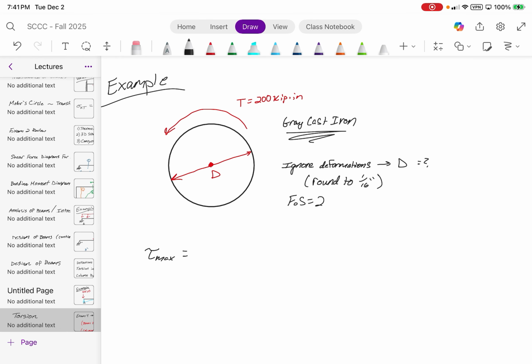I just chose another material that doesn't have a shear strength listed on the appendix. All right, somebody pick a material that has a shear stress on the appendix.